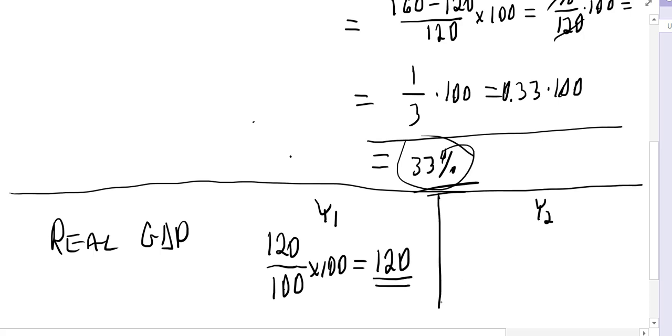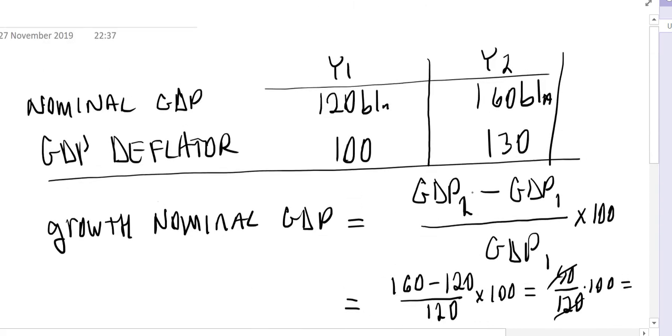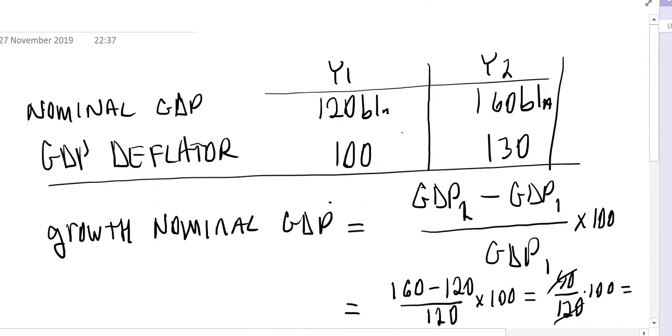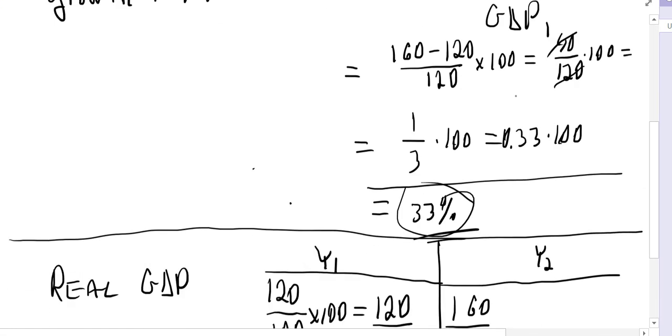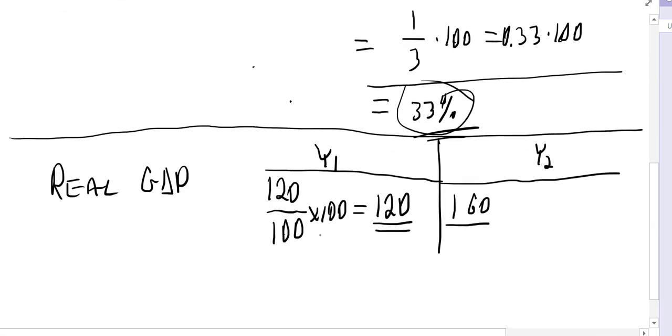Keep that. For year 2, that's 160 over 130 times 100.